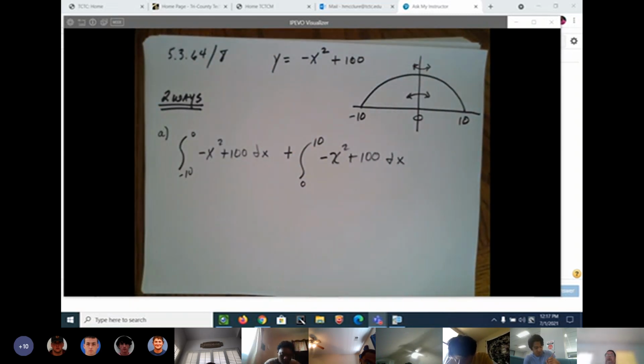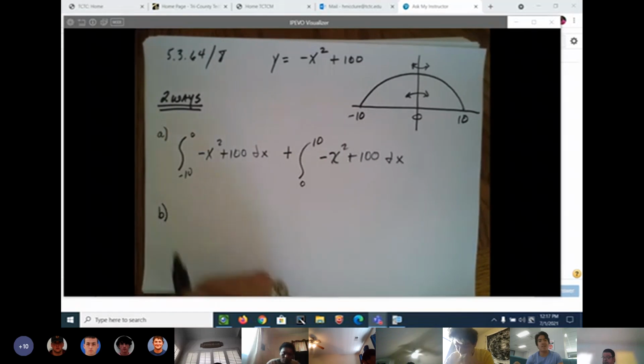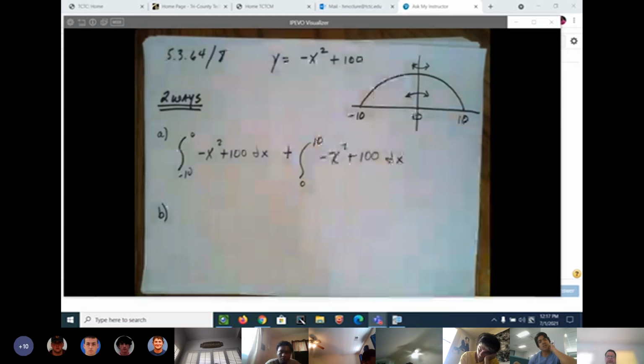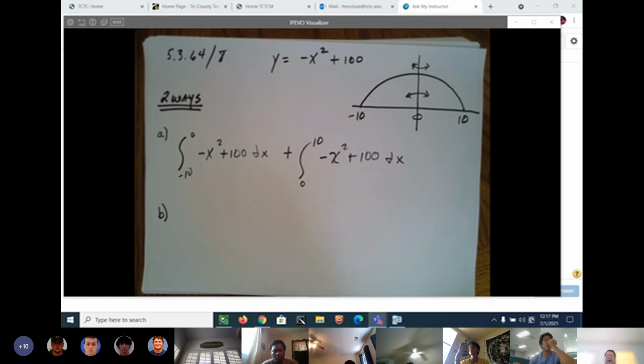Now, somebody tell me the other way you could do this problem, since it is symmetrical, and since one side is the same as the other side. Y'all can't see it? If you get the area on one side, what could you do with it? If you got two sides that are the mirror image of each other, and you get the area of one side, what can you do to get the area for both sides?